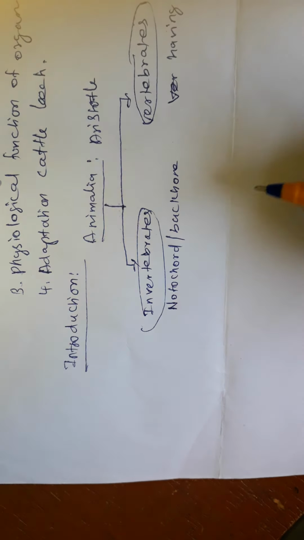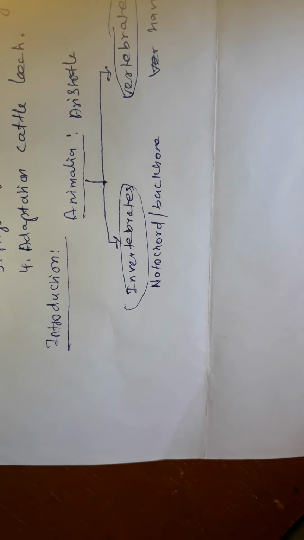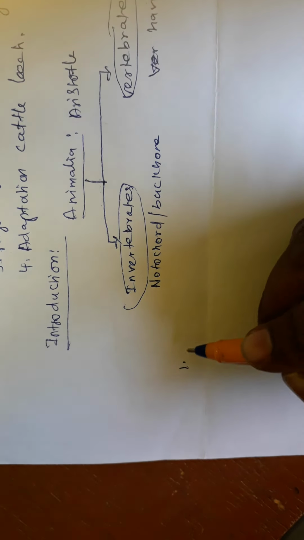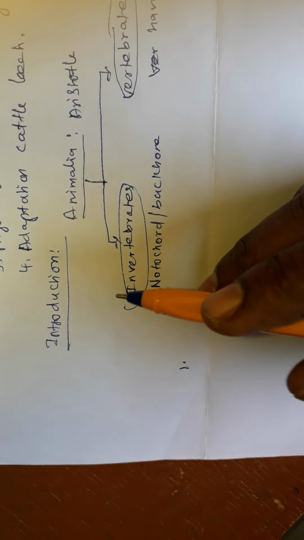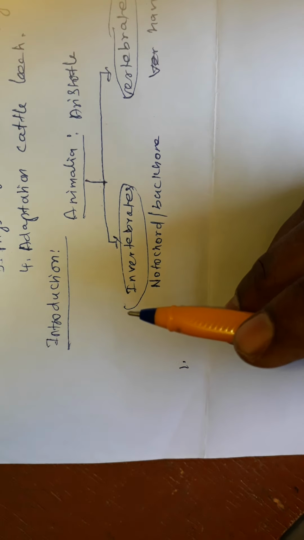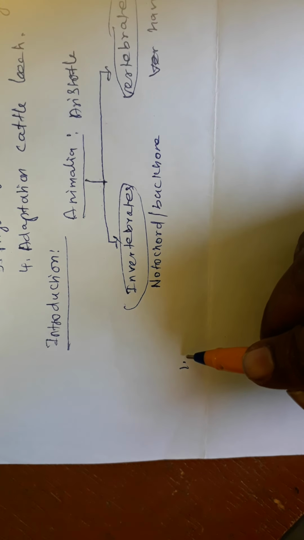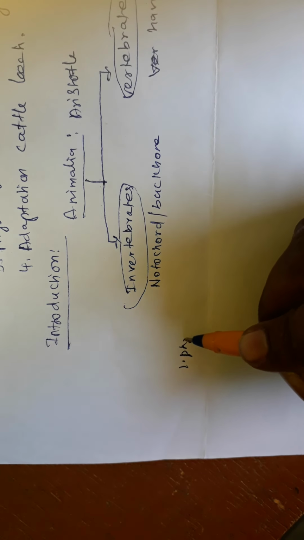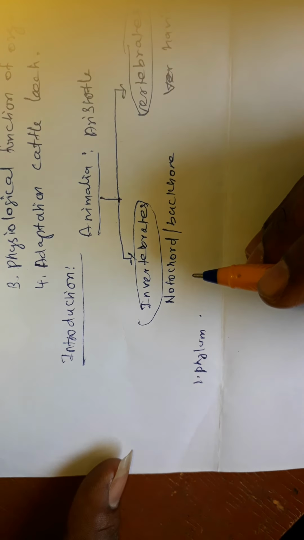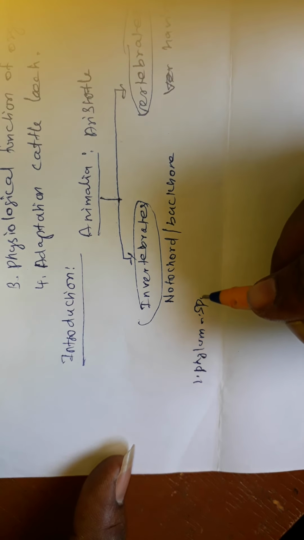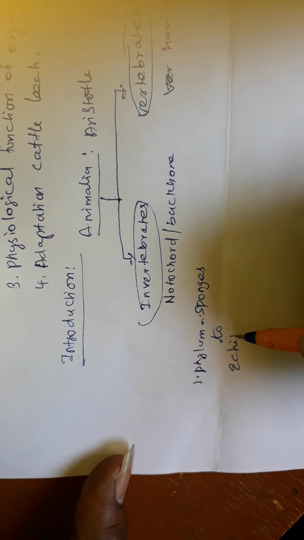Invertebrates we already learned in previous classes, from 6th standard onwards. What are they? Sponges, Cnidarians, Platyhelminthes, Aschelminthes, Annelida, Arthropoda, Echinodermata and Mollusca. These are phyla 1 to 8, from sponges to Echinodermata.